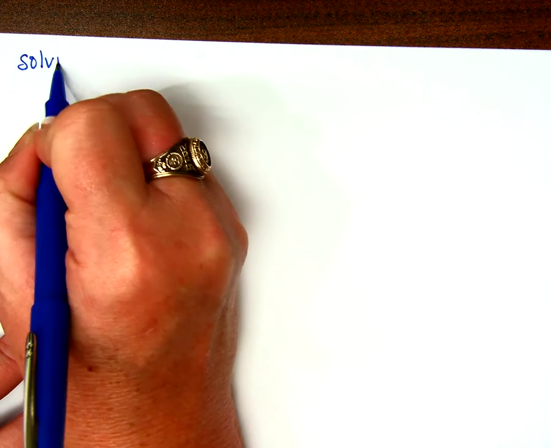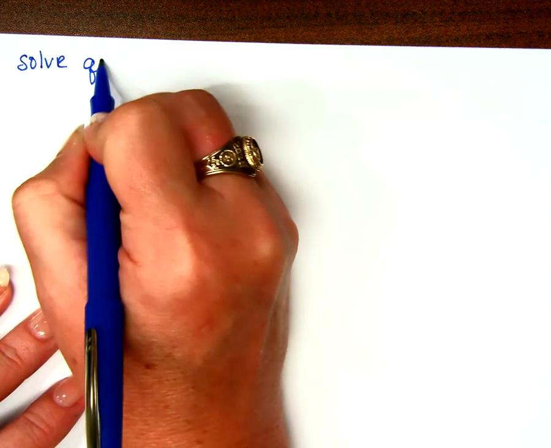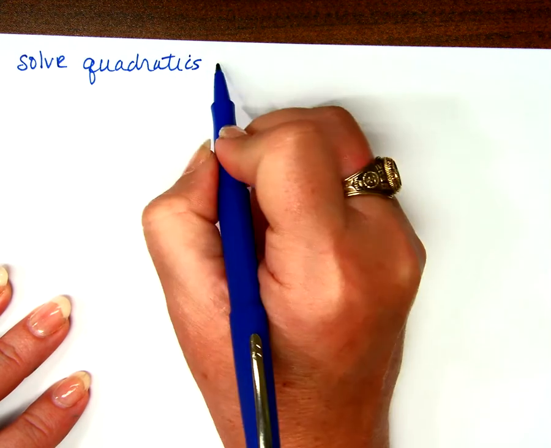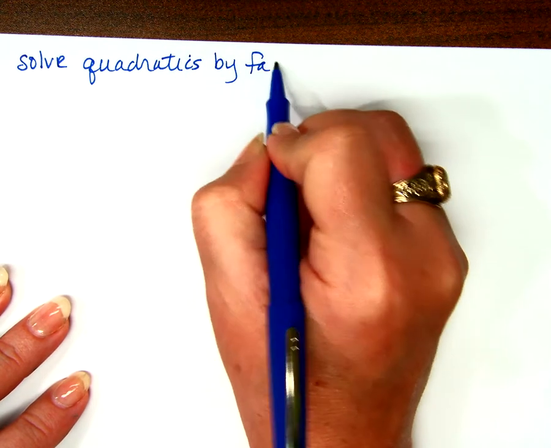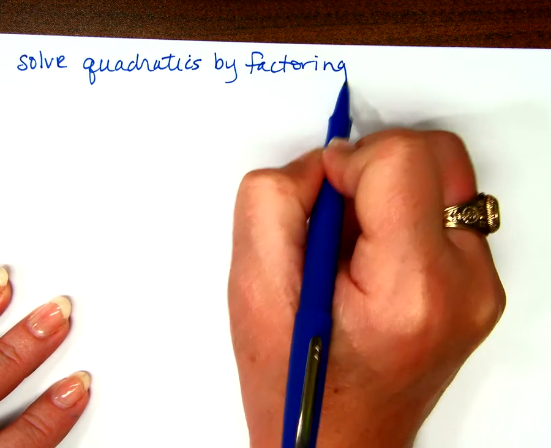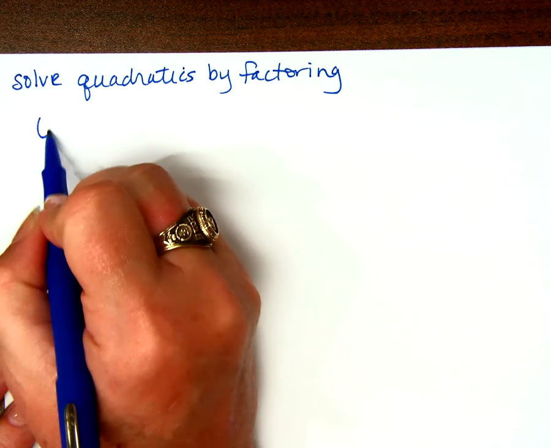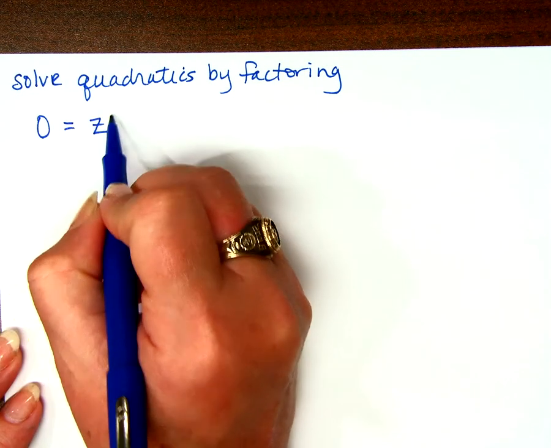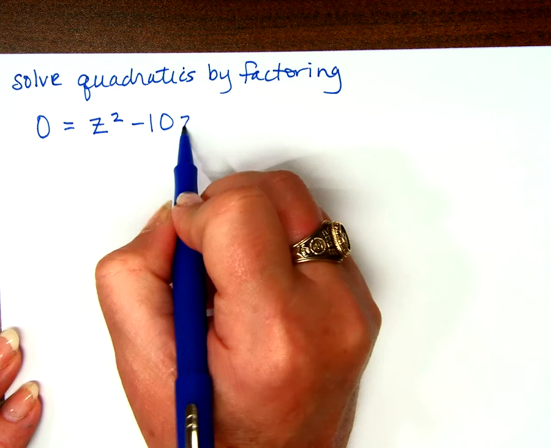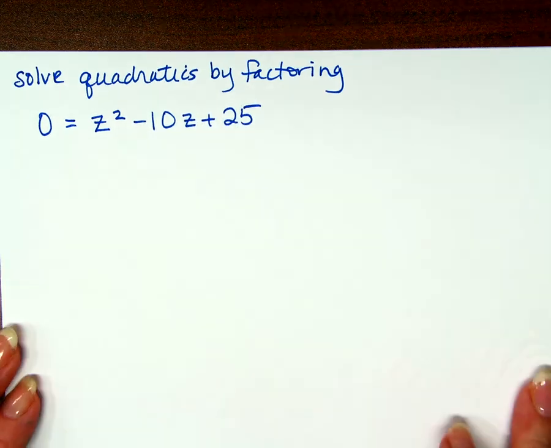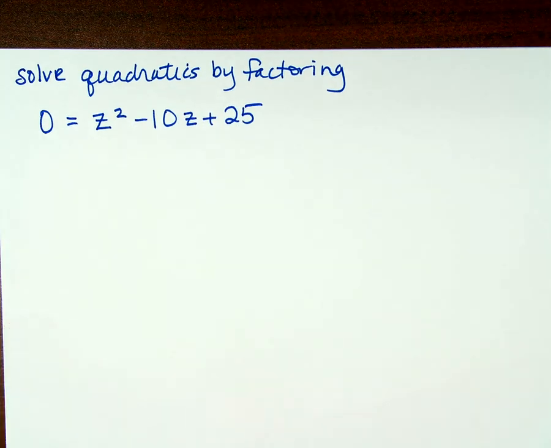Solve quadratics. What's left? By factoring. 0 equals z squared minus 10z plus 25.